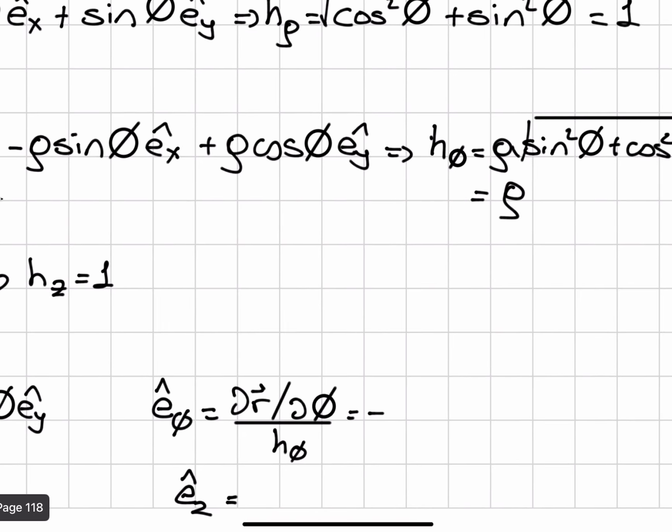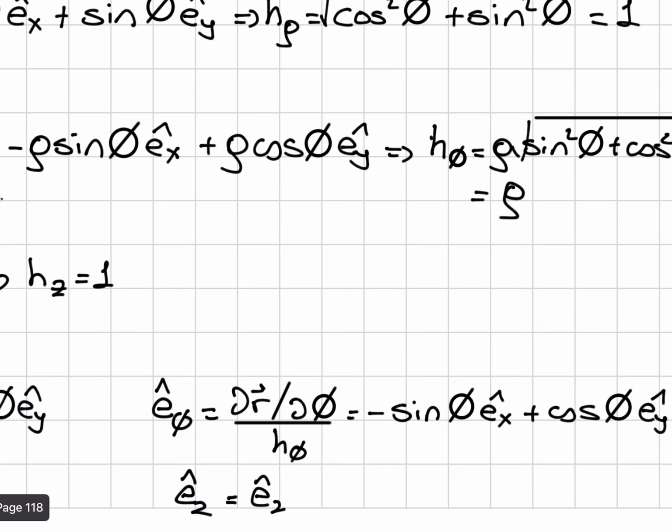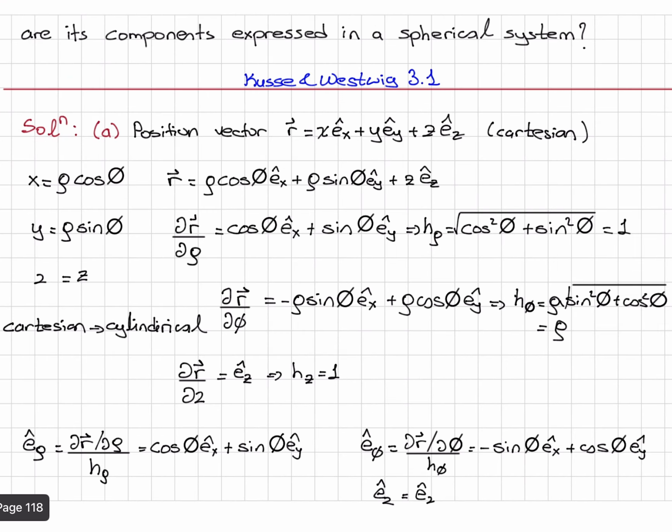So this is minus sine phi ex hat plus cosine phi ey hat, and ez hat is equal to ez hat, so there is no calculation that needs to be done for that unit vector.